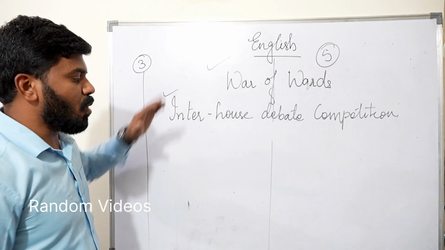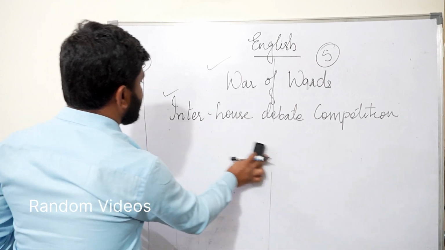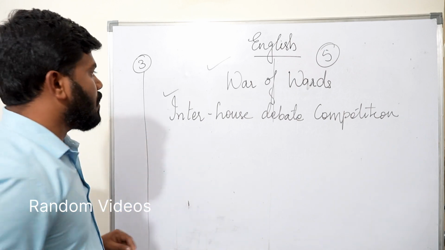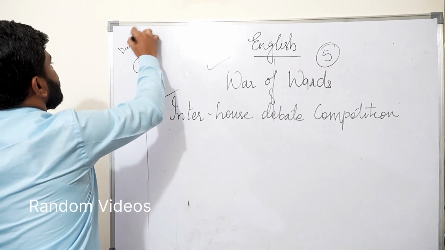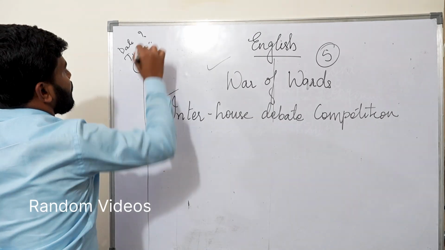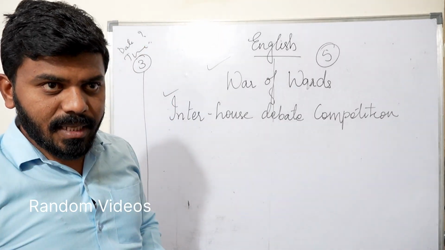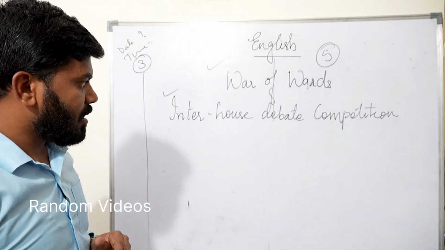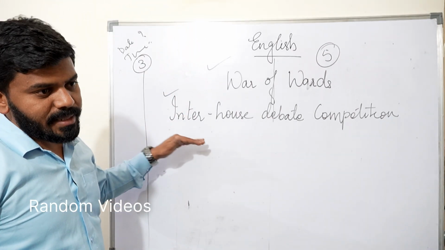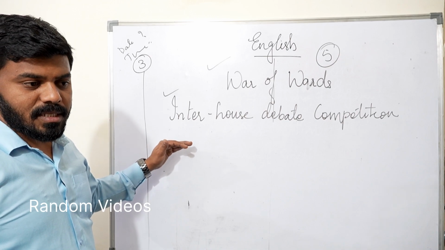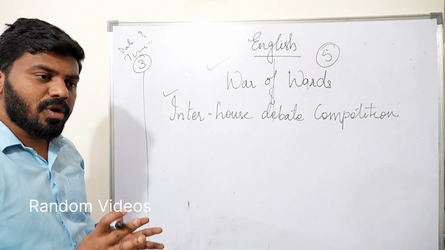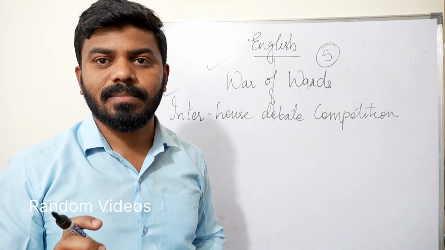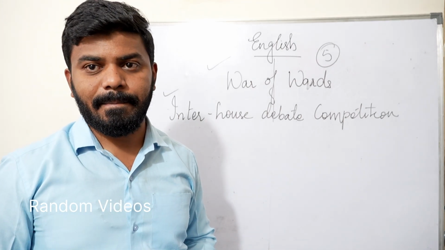2 marks over. The next is when. When has 2 parts. One is date and time. Date, please keep in mind, from the day you write the exam, see to it that the event is going to be held at least 10 to 12 days later.